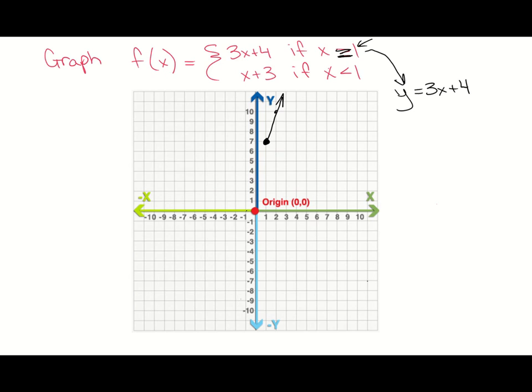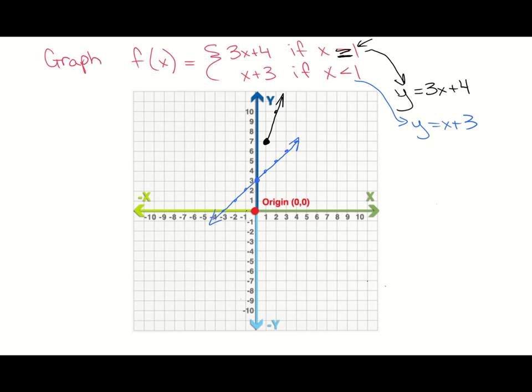All right, the next one right here, I am graphing y equals x plus 3. So you would go to 3, and then you would go up 1 over 1. Because my slope is 1, you can also go down. All right, and then we're going to graph that line.